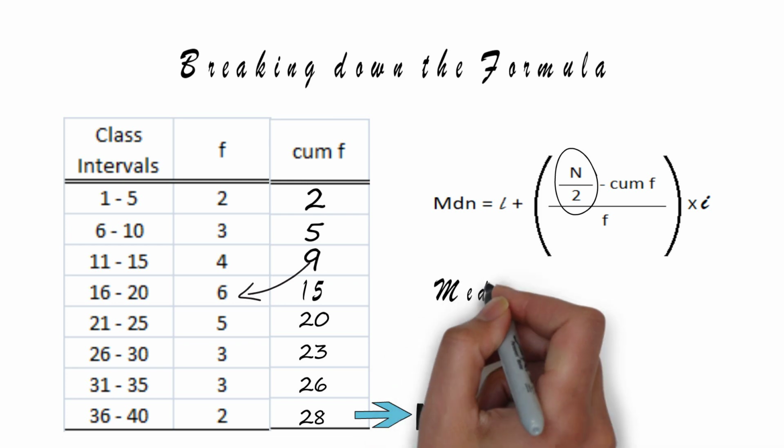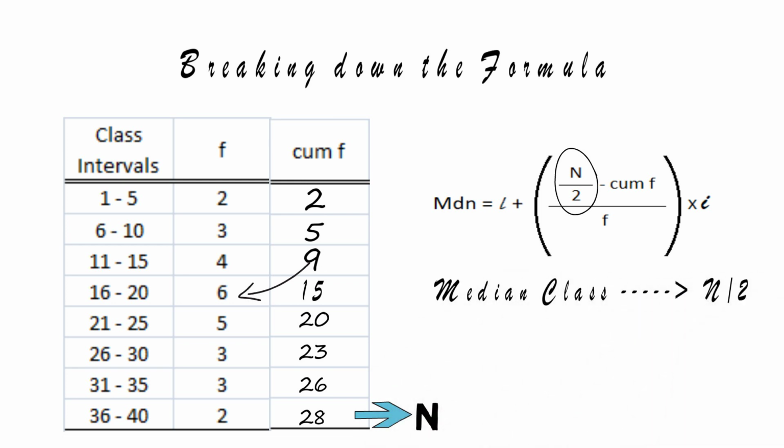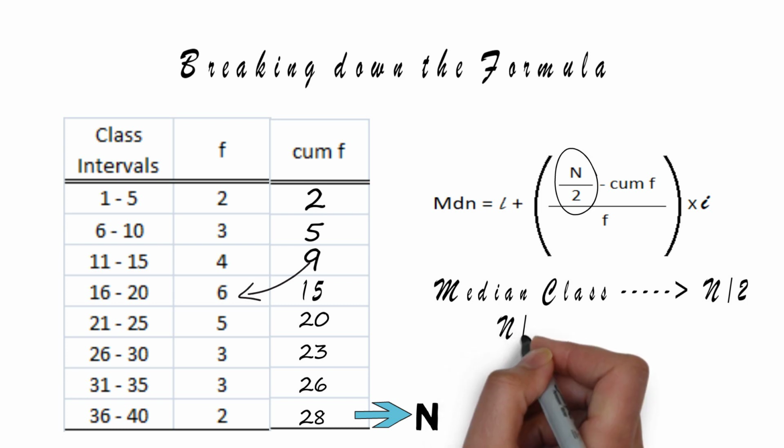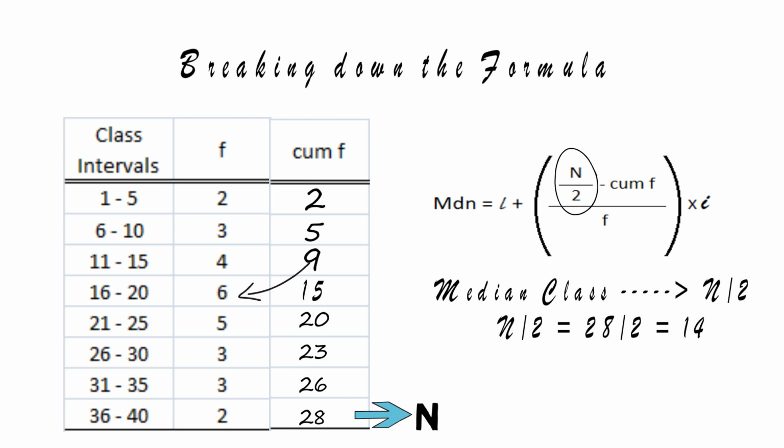Now let's find the median class. N divided by 2, that is 28 by 2, is equal to 14. Refer to the frequency distribution table and locate where the 14th point lies. This we will achieve by looking at the cumulative frequency.